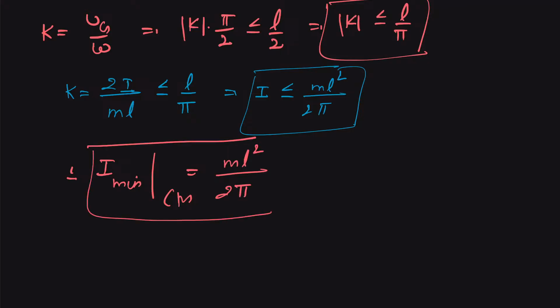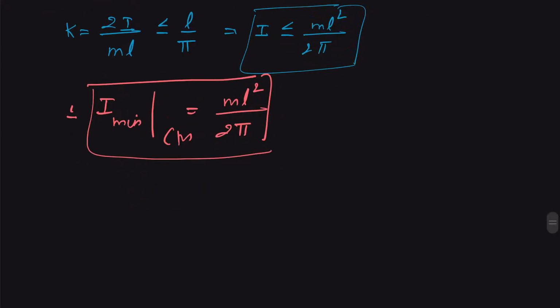If this is the value of the moment of inertia, the stick which was lying horizontally, and there was a pole somewhere along its center of mass, and when the impulse is applied to the other end, the stick is not going to strike this pole again. Okay, it is going to freely move away from this particular pole.